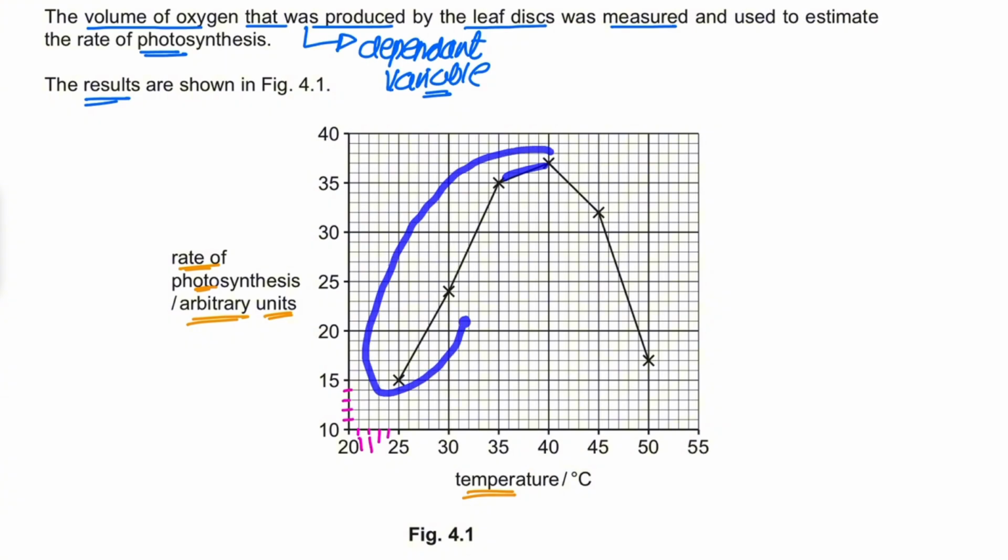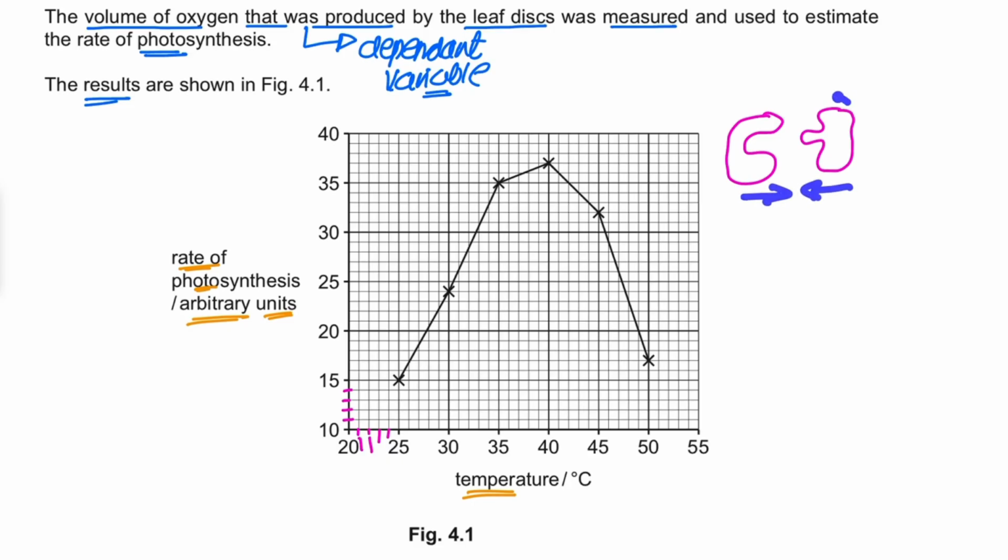So in this part of the graph, from 25 to 35, we would say that as the temperature increases, the kinetic energy of the enzyme and its respective substrate increases. As a result, the frequency of collision between enzyme and substrate keeps on increasing, and we make more enzyme substrate complexes.